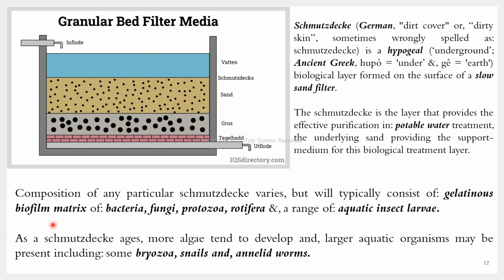Okay. So as a smooth deck ages, more algae tend to develop and larger aquatic organisms may be present, including some bryozoa, snails, and annelid worms. So once these annelid worms start to form in the smooth deck layer, then it can be said that the filter bed media is ripening, or the filter as a whole is ripened.